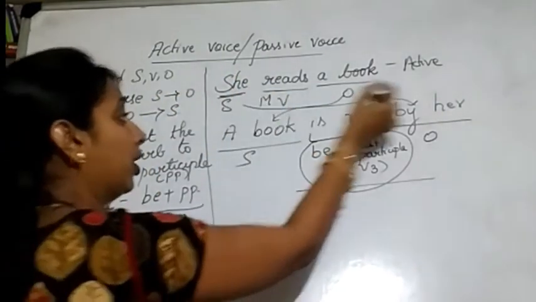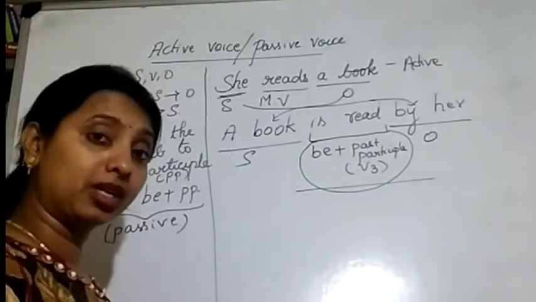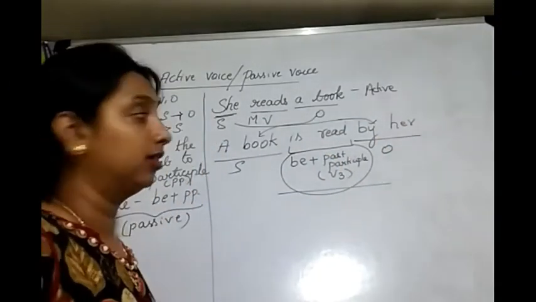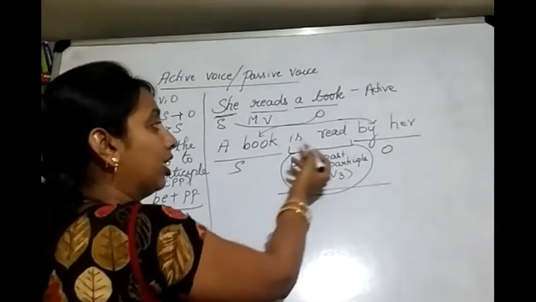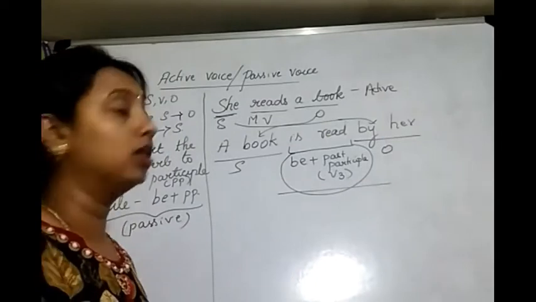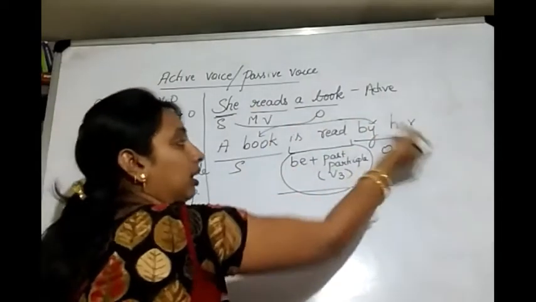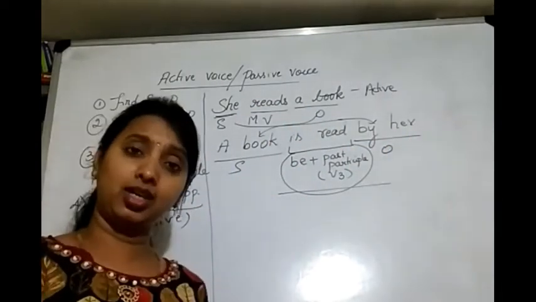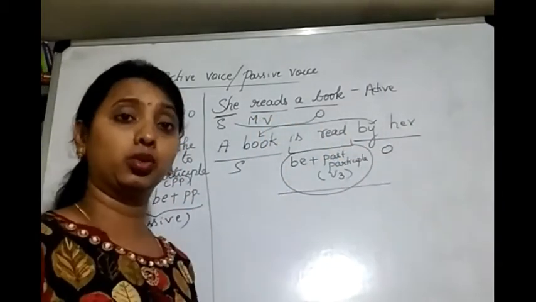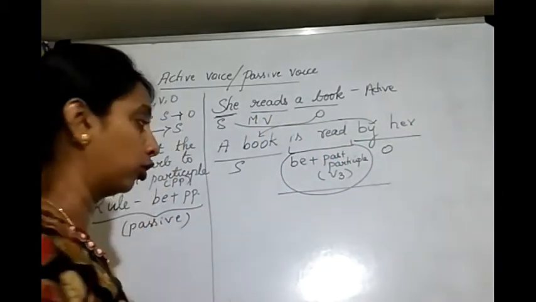When it goes to an object position, that becomes her. Because we cannot write she at the end. So I cannot say a book is read by she. No. That doesn't take an object position. So she becomes her. Then I have to see, when we change an active sentence to passive sentence, what are the words which change? Let me give a note of it.